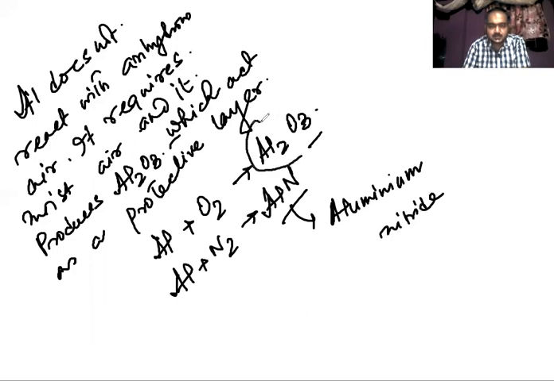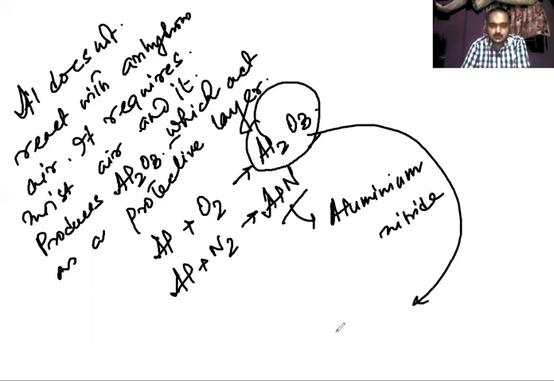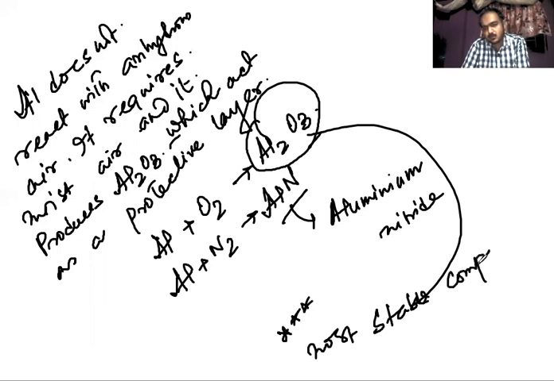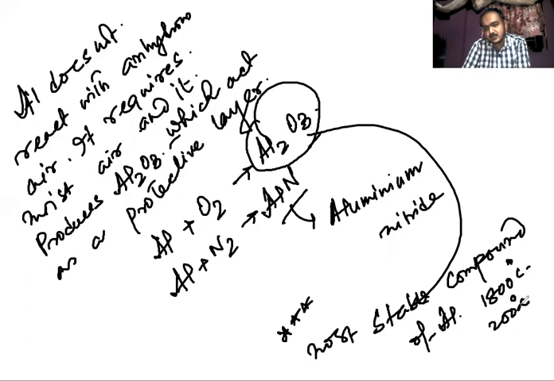Actually, this Al2O3 is the most stable, and this is the most important, starred point. It is the most stable compound of aluminium with a melting point of about 1800 to 2000 degrees centigrade. It is highly stable in nature. Okay, this is the reaction.